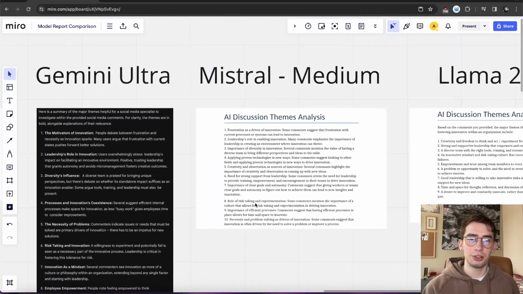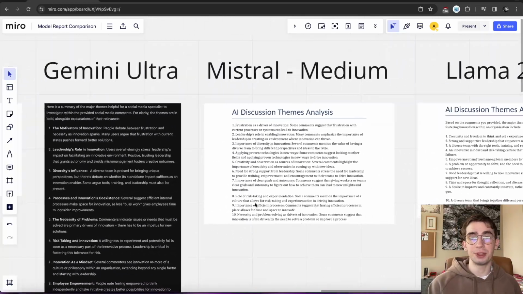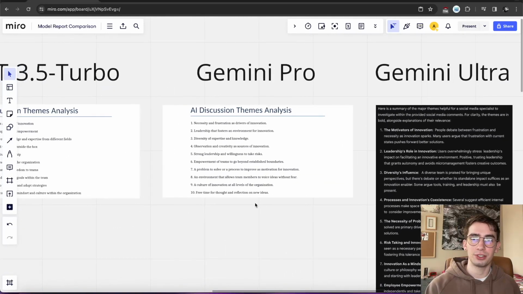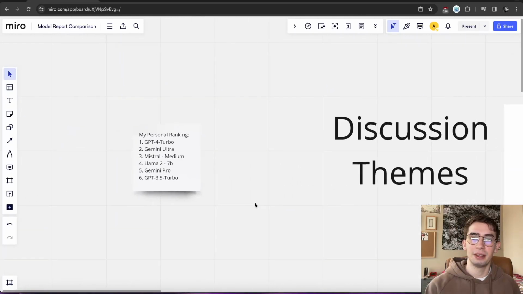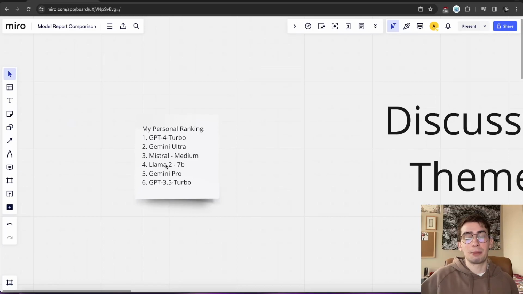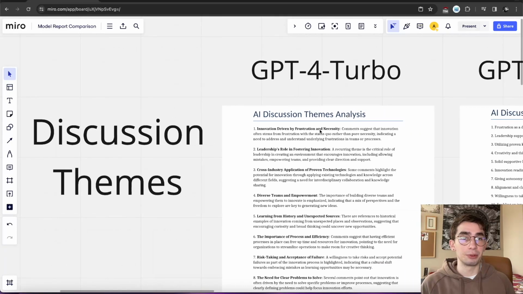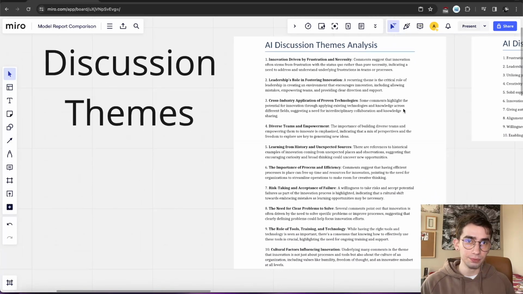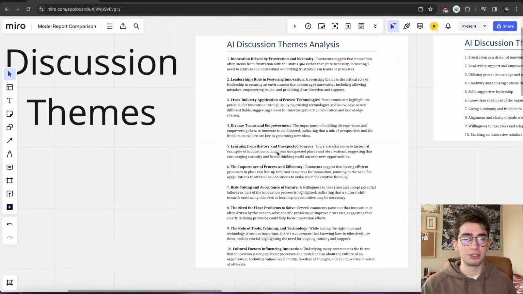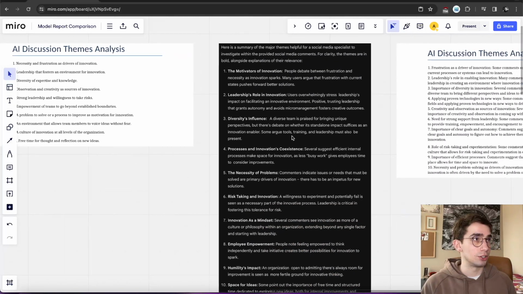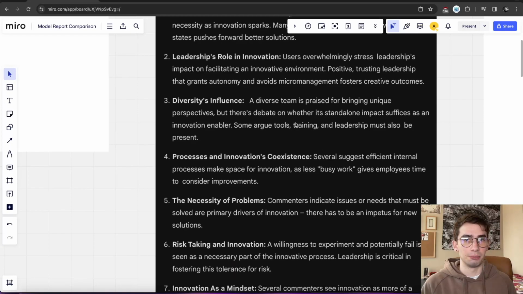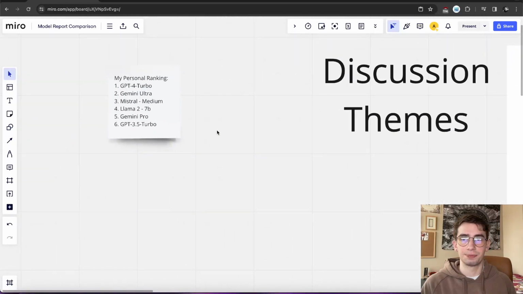In terms of how I feel about these different outputs and my different rankings of them, I put that over here on the side. My personal ranking is I really liked GPT-4 Turbo and Gemini Ultra with their pretty robust themes that they actually were able to extract, as well as the really decent explanations that these two were able to give here and provide that extra context.